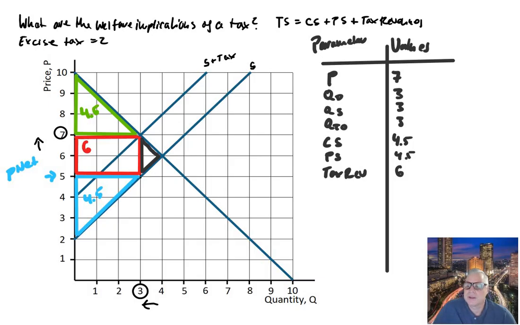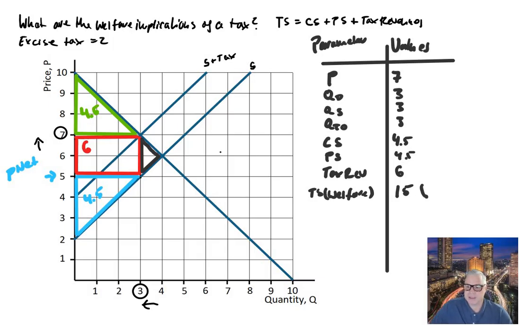Okay. So now, what is the total surplus or welfare? So that is 4.5 plus 4.5, that's 9, plus 6, that's 15. But the old, before the tax, the welfare was 16.